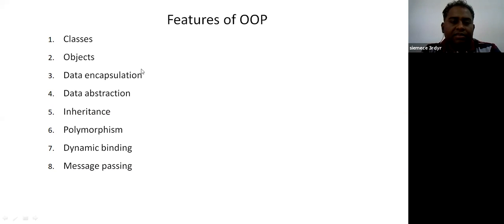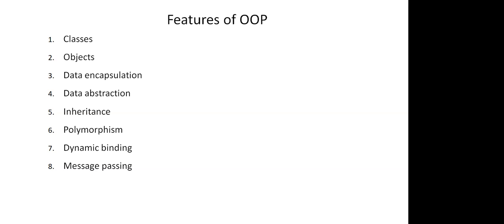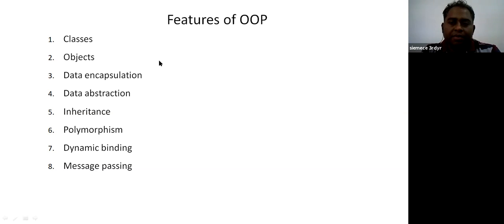Encapsulation's definition is wrapping up of the data members and member functions into a single unit is known as data encapsulation. Is it clear? Yes, sir. In this class you'll see that there is a data member as well as the member function, so those things are encapsulated in the class. That is known as data encapsulation.